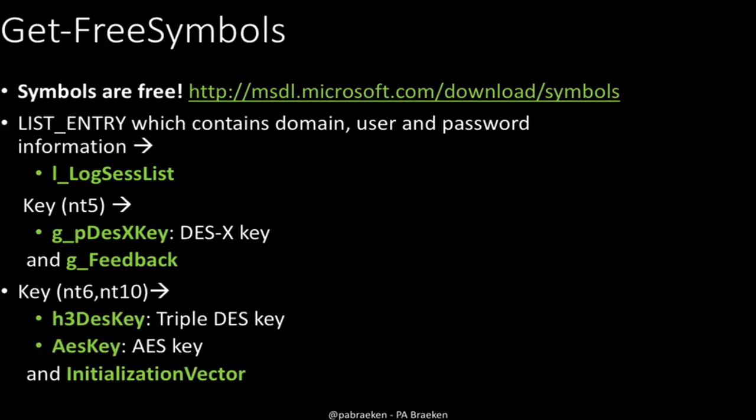For NT6 and NT10, it was very easy, because as soon as you get this key and initialization vector, it's very simple to implement an algorithm and get the password. For NT5, it was harder because DESX is a DES implementation by Microsoft, which is not documented. So it was harder to decrypt the password for NT5 than for NT6 and NT10.